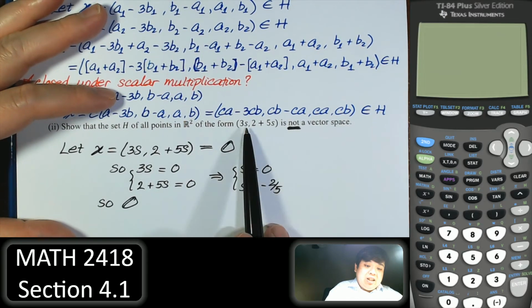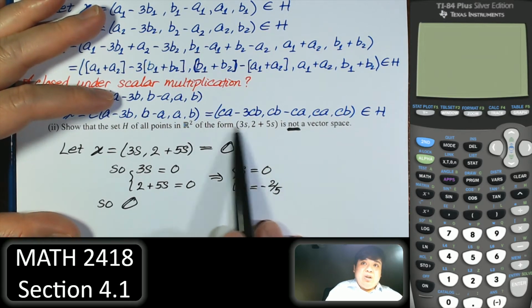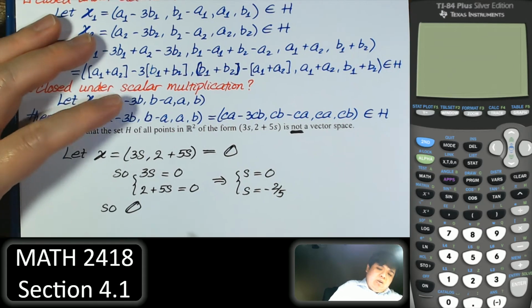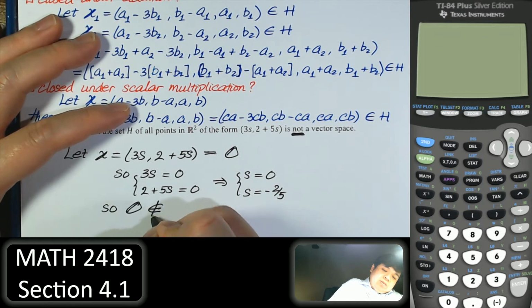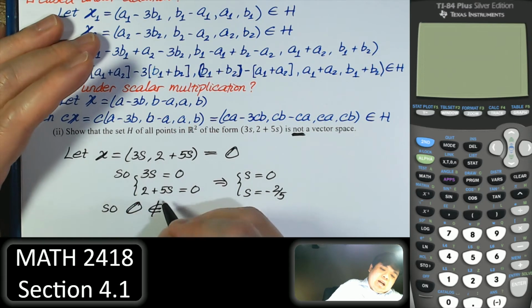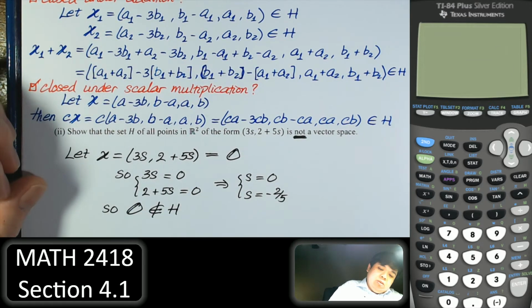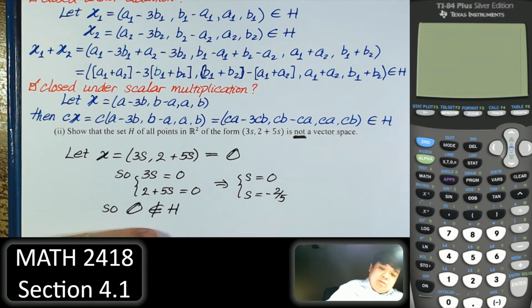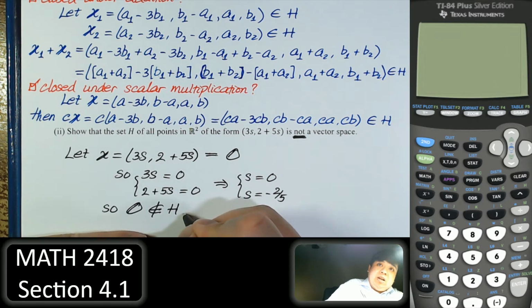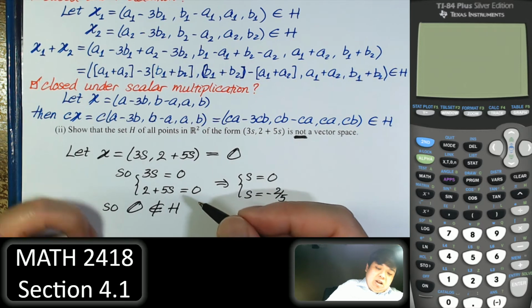Now if we choose s to be 0, this is still not a 0 vector. So since the 0 vector is not inside H, it is not a vector space, because a vector space has to have 0 in it.